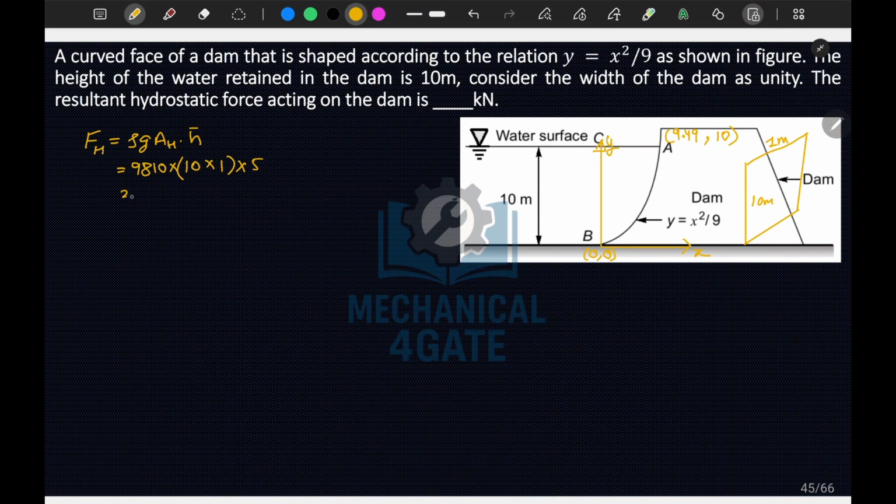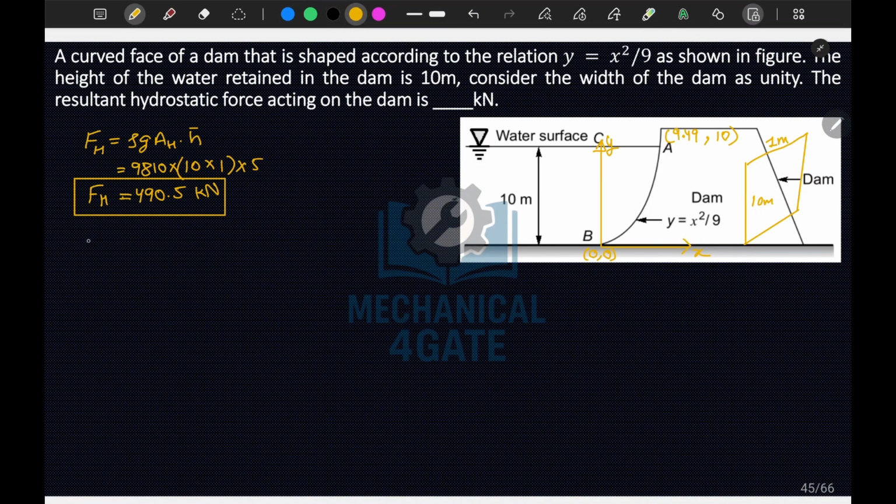Okay, so we have obtained FH is equal to 490.5 kilonewton. This is your FH, horizontal component of the force.